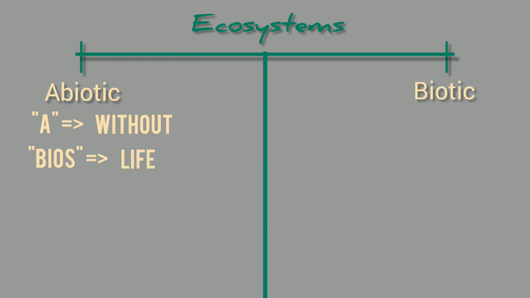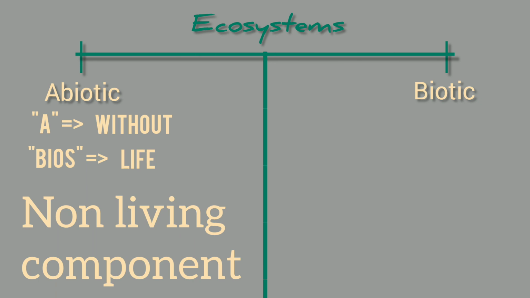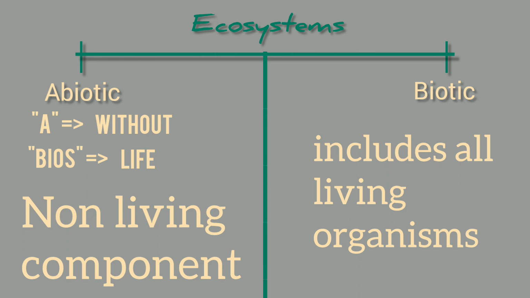Abiotic therefore means without life. It is the non-living component, or the physical and chemical aspect of an ecosystem, while the biotic component is the living component of an ecosystem. This includes all living organisms that are dependent on one another. This means that each living organism has a relationship to other living organisms.